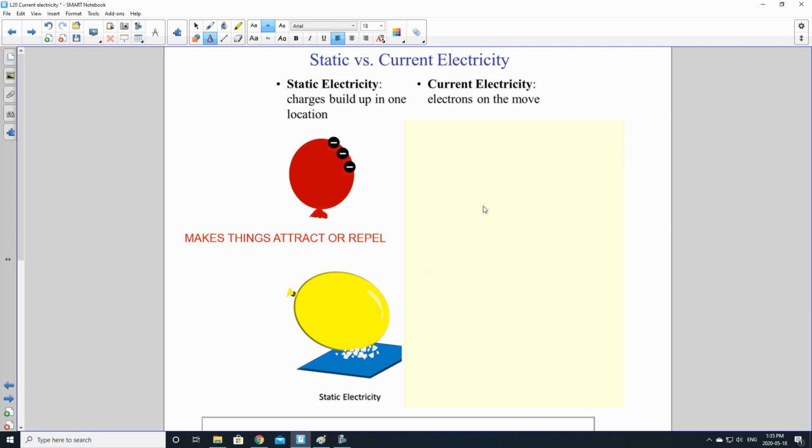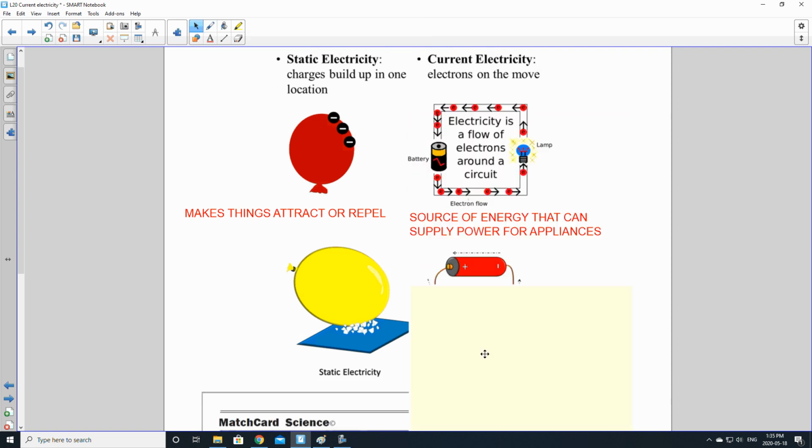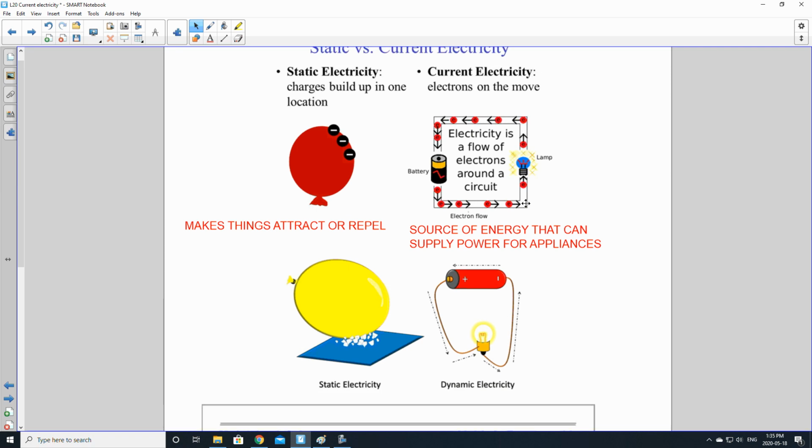Now current electricity is different. Current electricity is where electrons actually move around and flow on a circuit, something that's connected. In current electricity, there's a source of energy that flows along a circuit, and it can actually supply power for appliances.